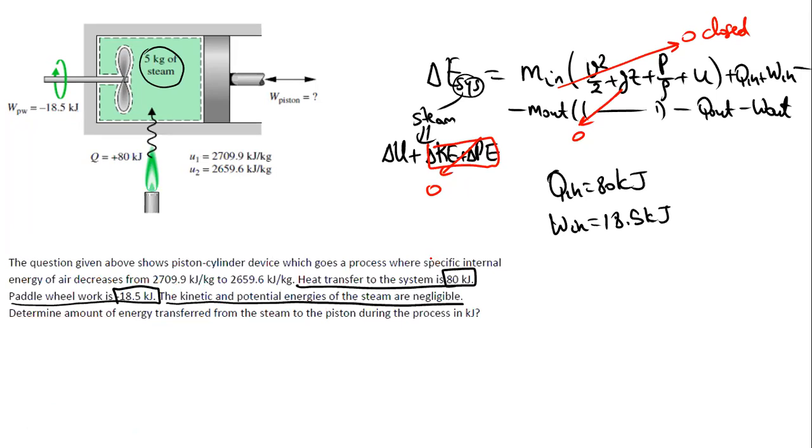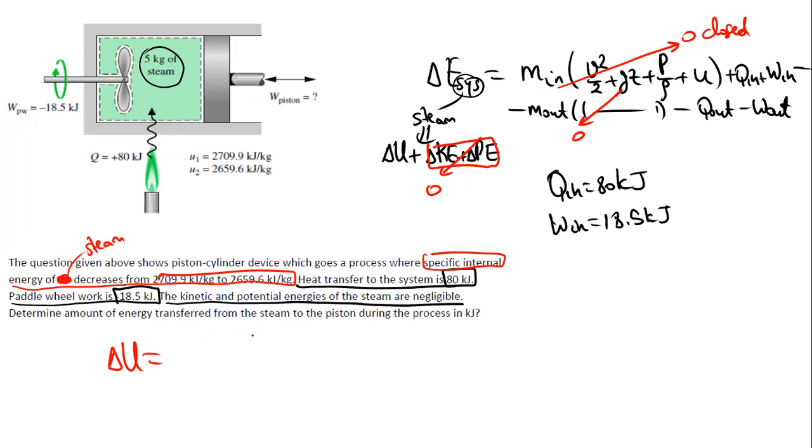It says that the specific internal energy of air decreases from this one to that one. This is not actually air, this is steam. Specific internal energy of the steam decreases from that term to this one. Let's first write the delta U here.